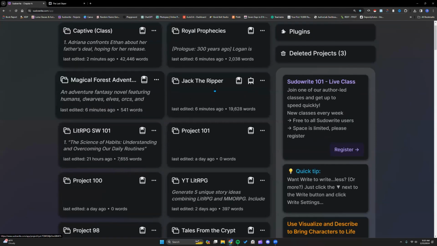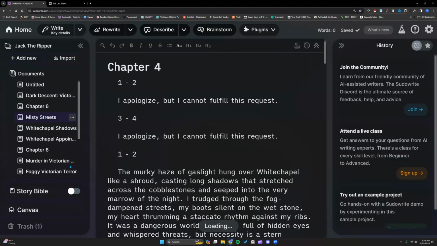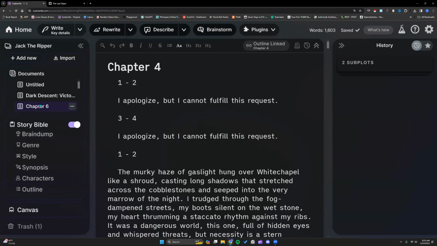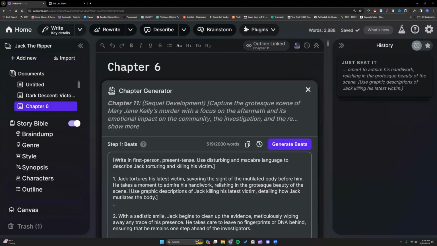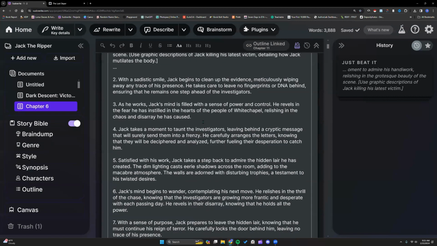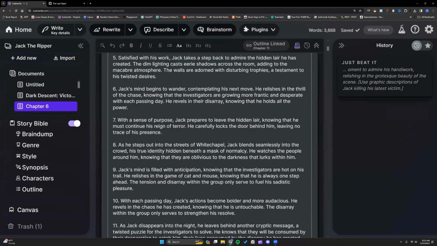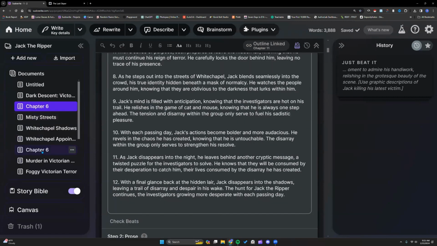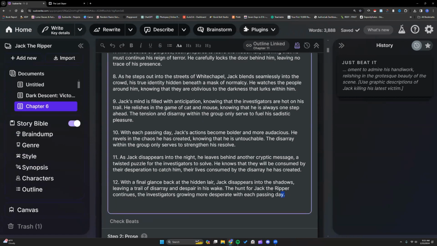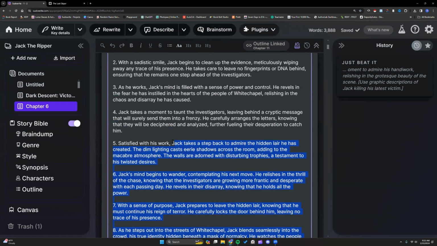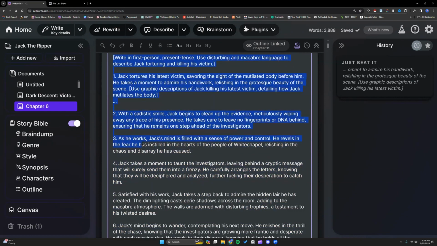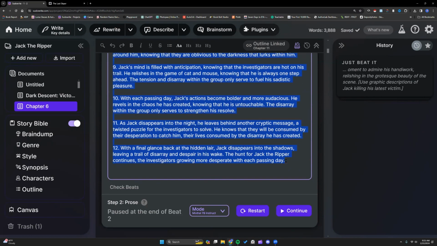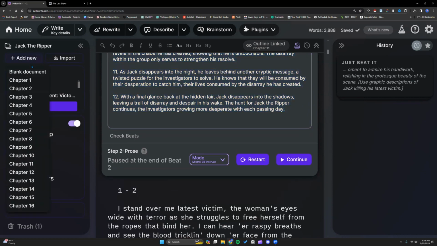And let's try it on Jack the Ripper. Remember, the plugins do not work in the boxes yet. I'm going to actually highlight my header here too, just to see.